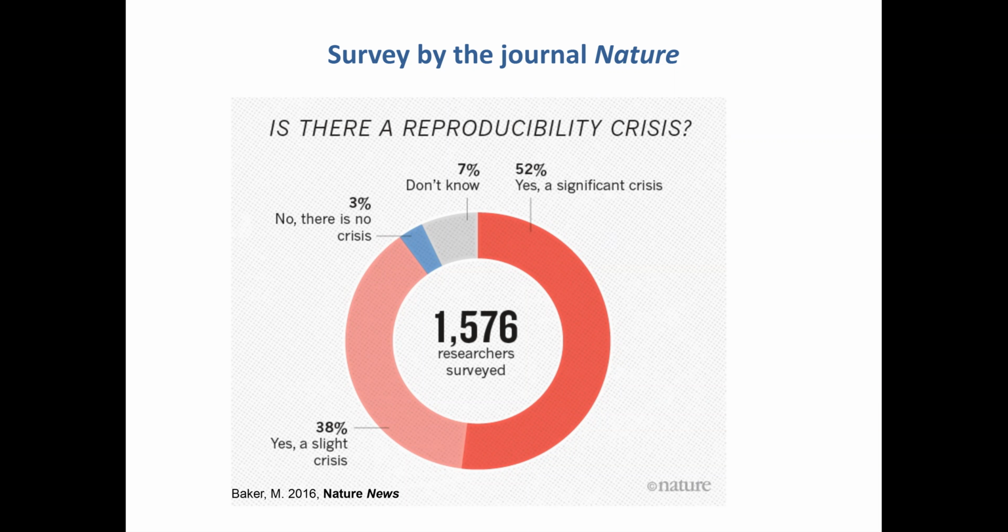Basically, 52% of those researchers said, yes, we believe there is a significant reproducibility crisis in science. Another 38% said, yes, there is some sort of crisis. And there were just 10% that were not concerned about reproducibility. Only 3% say there is no crisis, and 7% had basically no opinion on the issue.